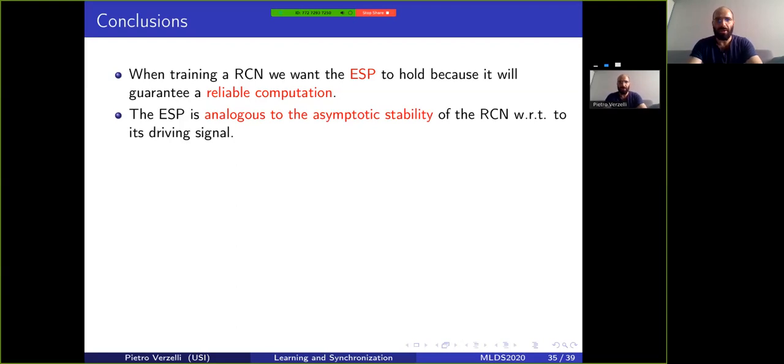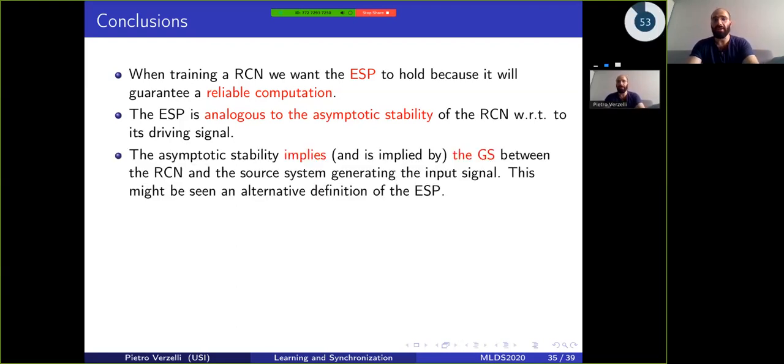So they're the same. And the asymptotic stability, what is important is that it implies the generalized synchronization between the reservoir computing network and the source system generating the input. Okay, so this is what is important, that the echo-state property that was defined by Jaeger actually is the generalized synchronization. That's what you're asking for. You ask that the system that you can observe, the source system, and your reservoir are synchronized.